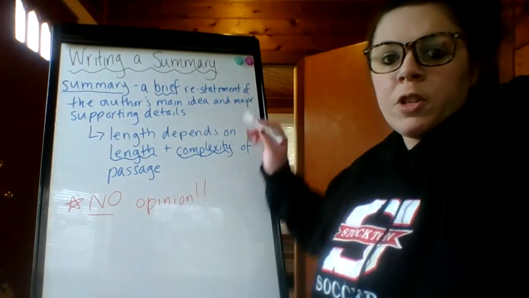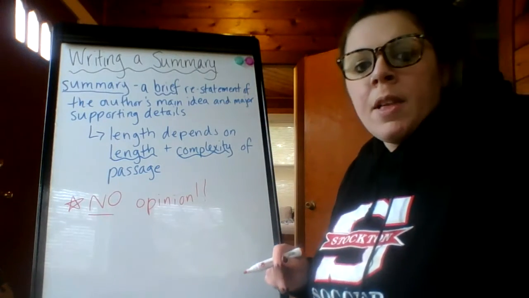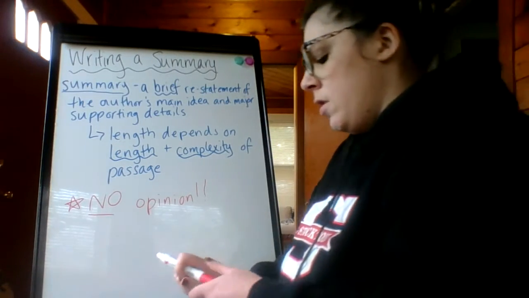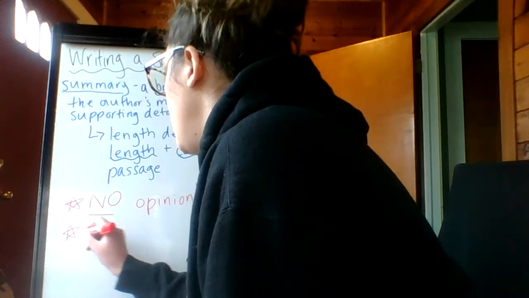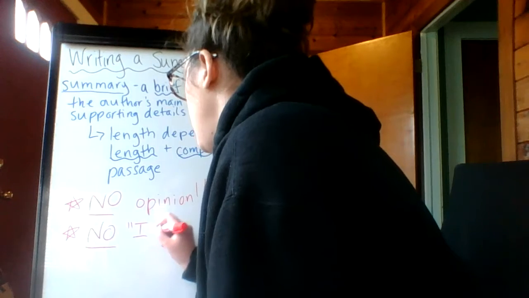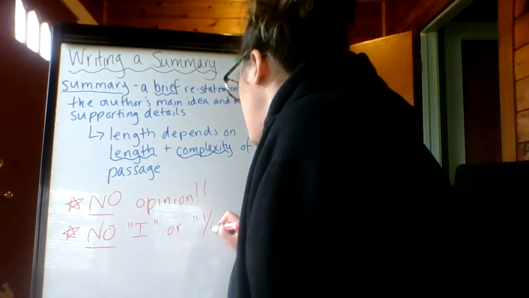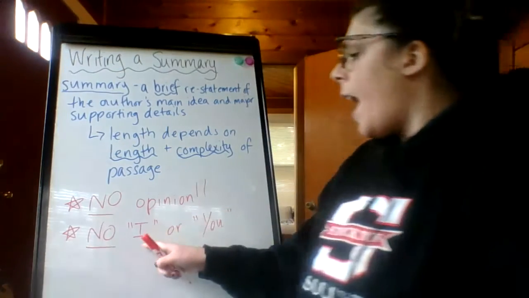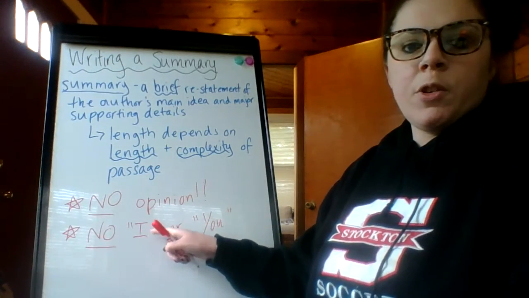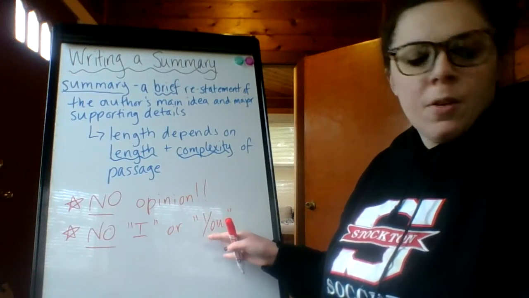You are just going by the author's main idea and major supporting details. And also, there's no using I or you. I, that first person, usually means that you're going to talk about your opinion. There's no opinion.